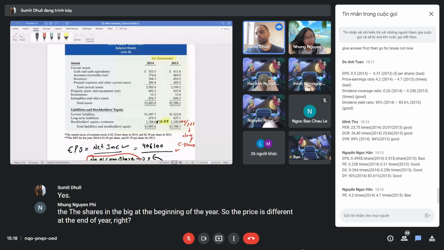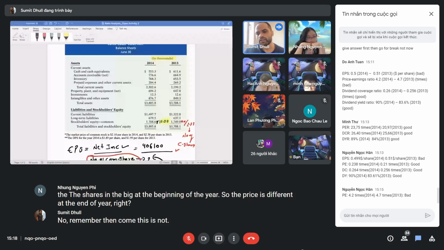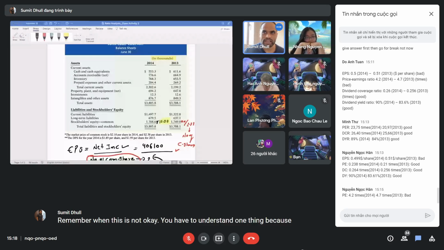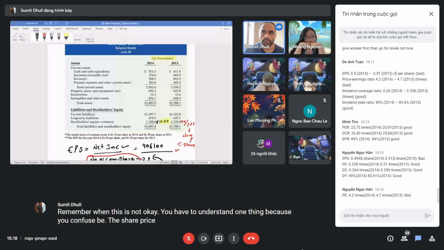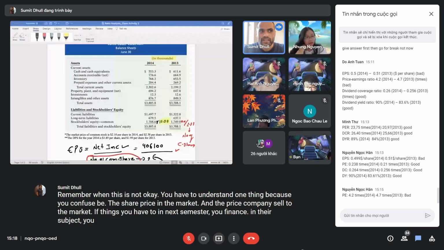No. Remember, you have to understand one thing, because you may confuse the share price in the market with the price the company sells at to the market. They are different things. In the next semester, you will study corporate finance, and in that subject you will study the stock market.